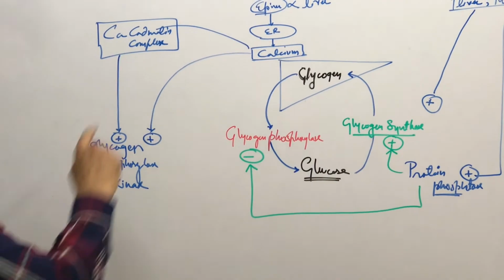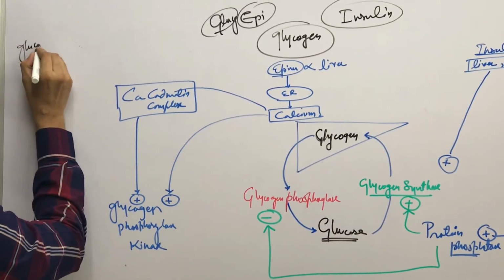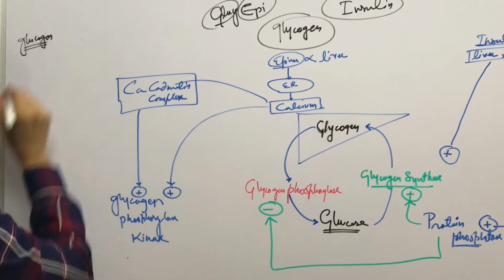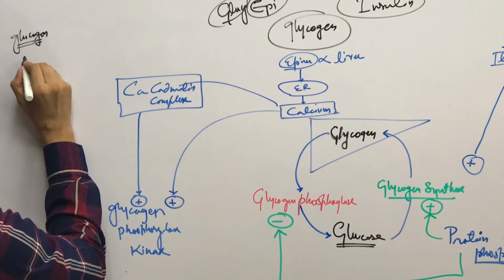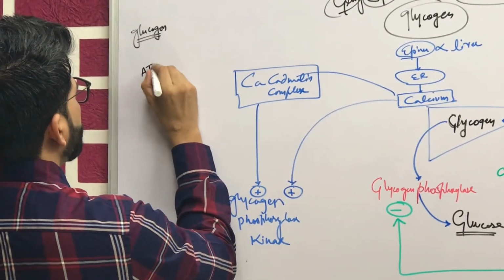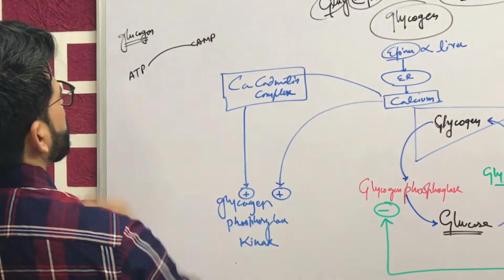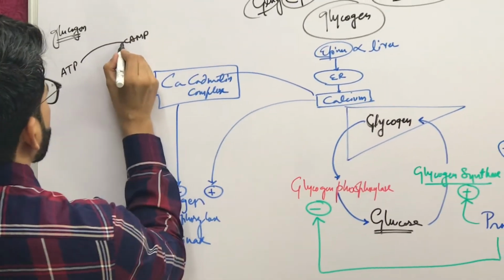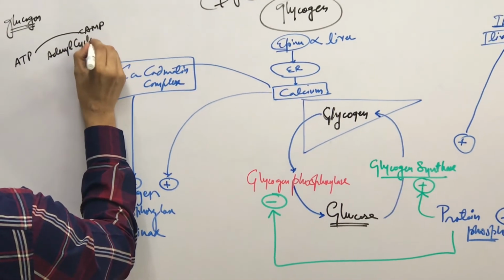Next, we need to know about glucagon. So glucagon has its receptors on the liver. What it is doing is, it is converting the ATP into cyclic AMP with the help of the enzyme adenyl cyclase.